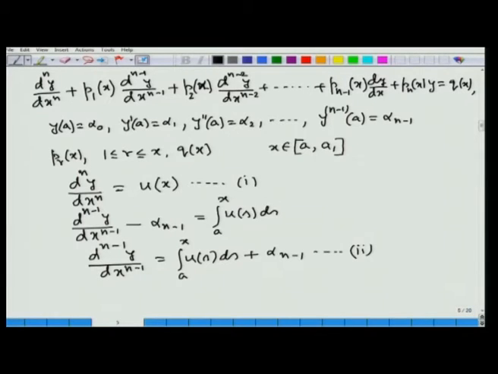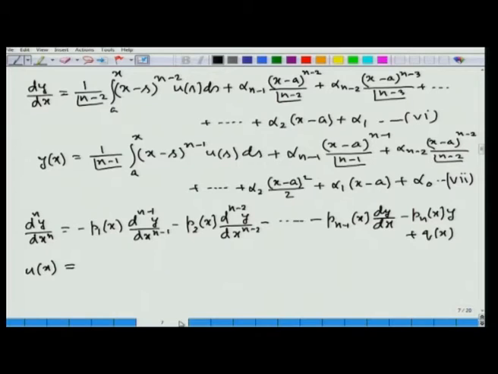So, what we can do, we can just claim that after collecting these terms, we will be having an expression f x plus integral a to x k x comma s u s ds.